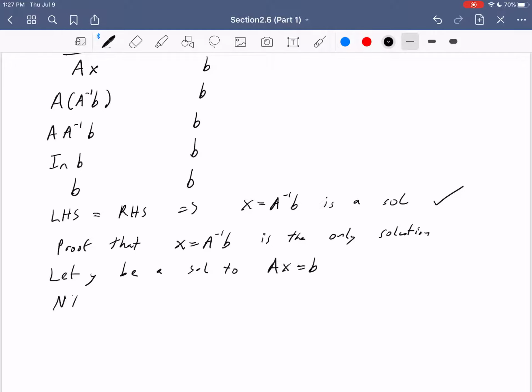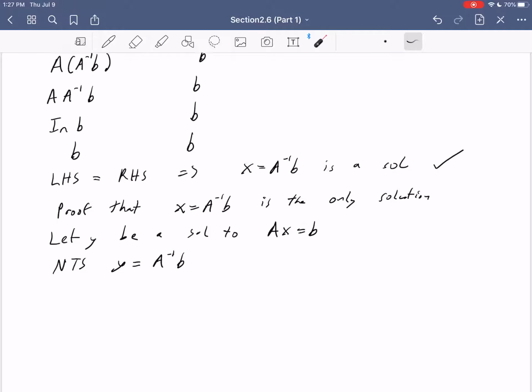So what we need to show is that y equals A inverse b. In other words, we're going to let y be some other solution to Ax equals b, and we're going to show that if y is a solution to Ax equals b, then y has to be A inverse b. In other words, A inverse b is the only solution.